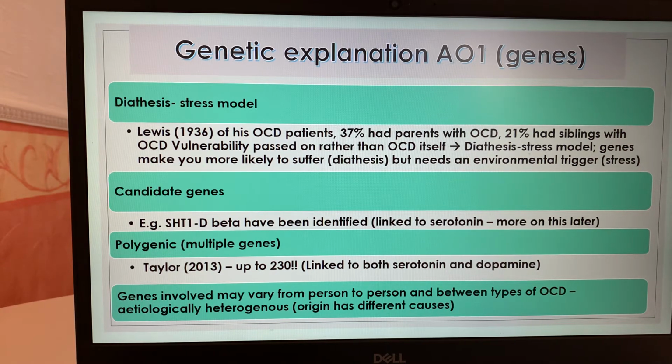So the genes involved vary from person to person, and also the type of OCD. Like we said, it's not a one size fits all for OCD. There's lots of different aspects, which means there's probably going to be lots of different genes that are relevant to those types. So a really fancy word there, etiologically heterogeneous, means that the origin has different causes. Okay, so how can we be certain that one size fits all?